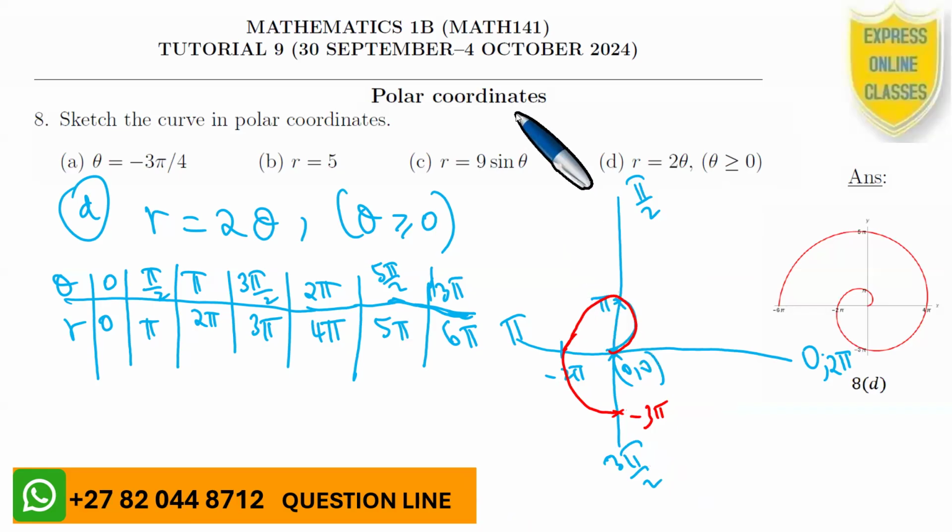Yes, pi is the usual radian measure. So the radius pi becomes about 3.14.